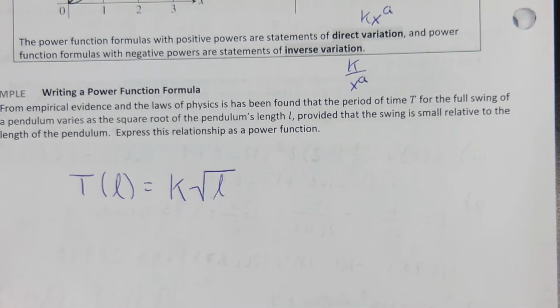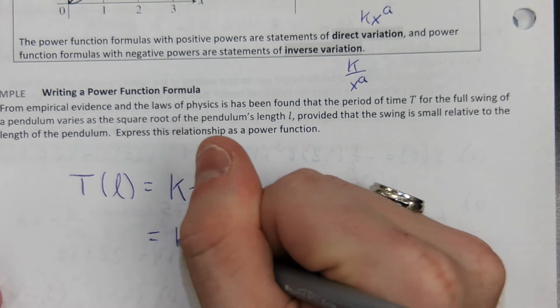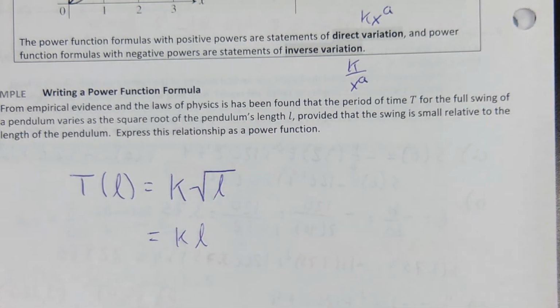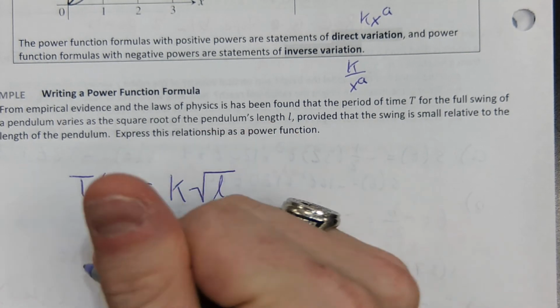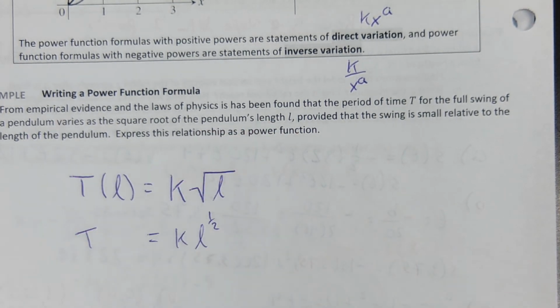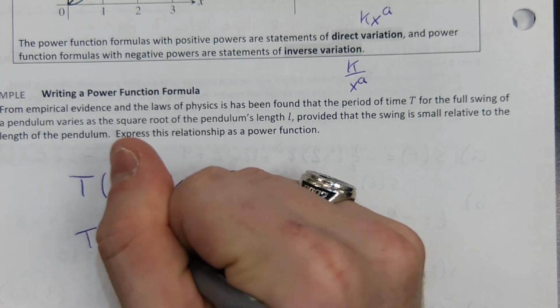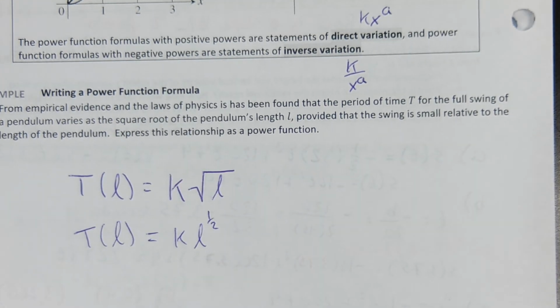So we're going to say K times L to the what power? 1/2. There it is. So the time for the pendulum swing with respect to its length is K times L to the 1/2 power. That's how you would set up that formula. So that's technically modeling using this information.